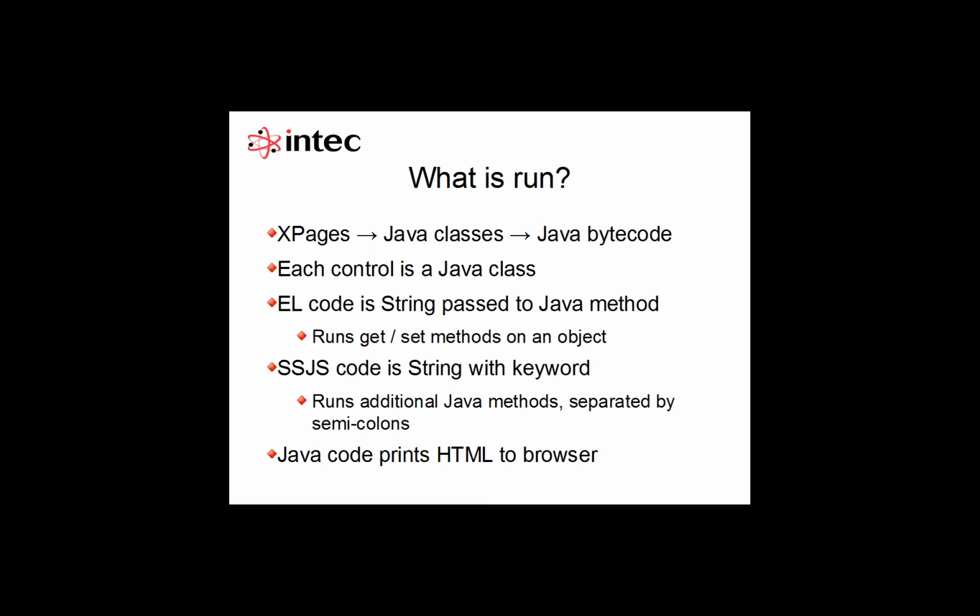Server-side JavaScript is passed in exactly the same way as that string, but that keyword, JavaScript colon, tells it to run additional Java methods to extract that content, pick up where it's separated by semicolons, parse it and compute it, and the whole thing then prints out HTML to the browser.